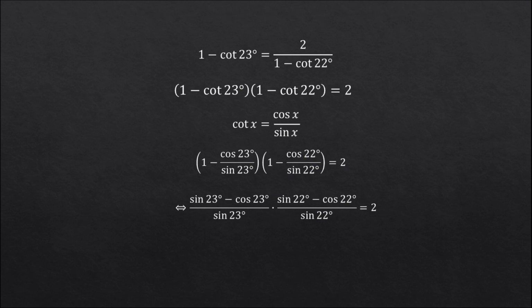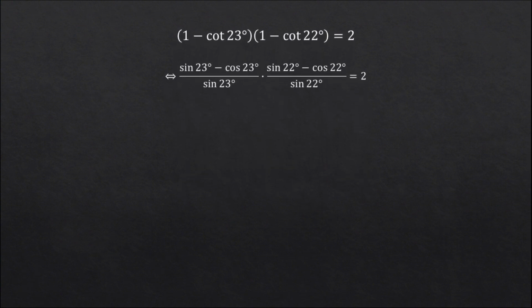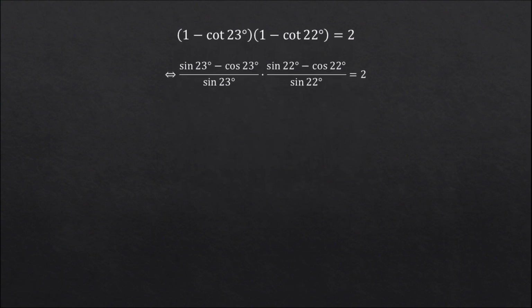And since we have a minus between the sine and the cosine, we might think of using the subtraction formula, and this is exactly the right way to go. We're going to apply the subtraction formula for the sine, and we know that the sine of alpha minus beta equals sine of alpha times cosine of beta minus sine of beta times cosine of alpha.